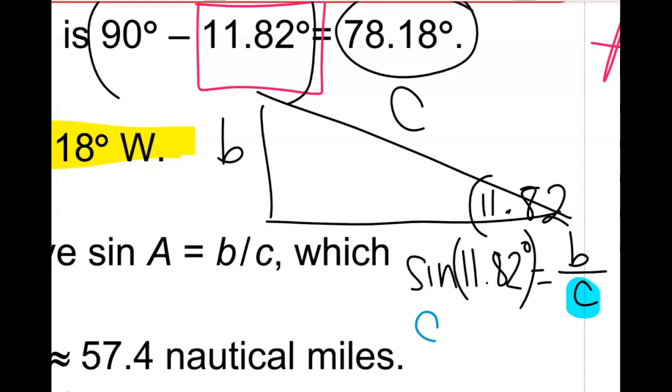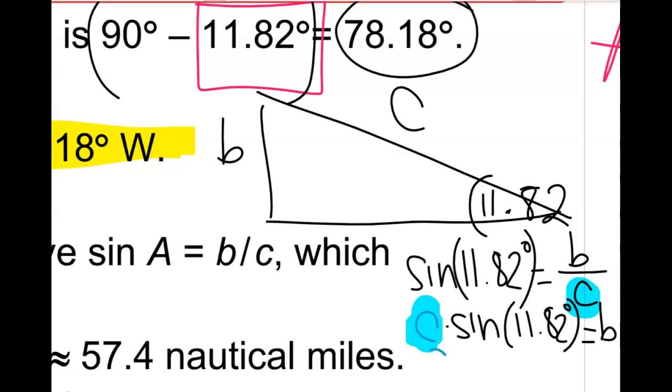It will be multiplying, so it will be C times the sine of 11.82 degrees equals B. And then again, we want to solve for C. So what is sine of 11.82 doing to C? And the answer is multiplying, right? So we are going to take that whole expression across the equal sign, and it will be dividing. So now we have B divided by sine of 11.82.